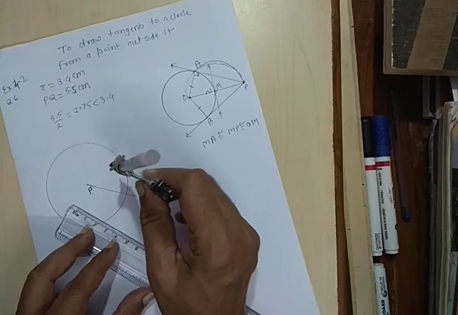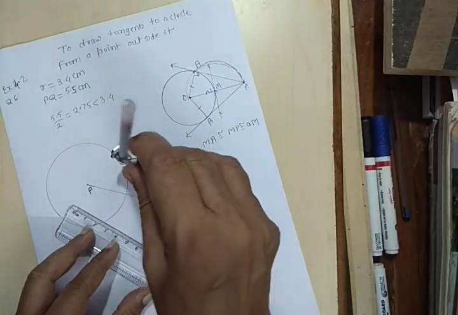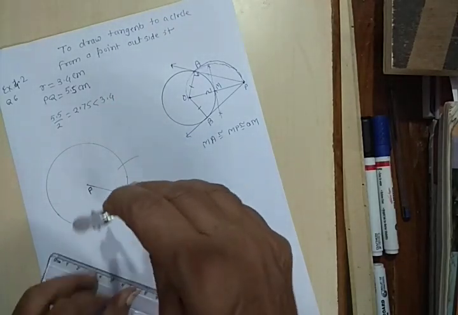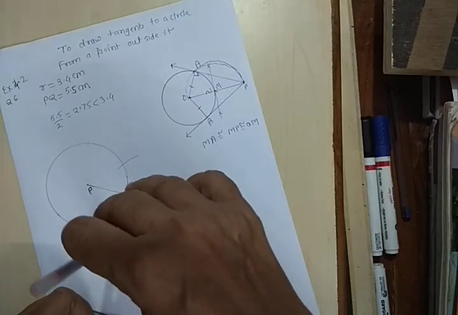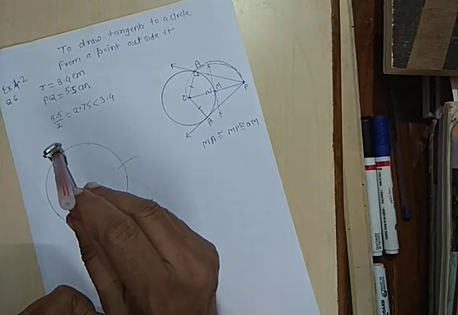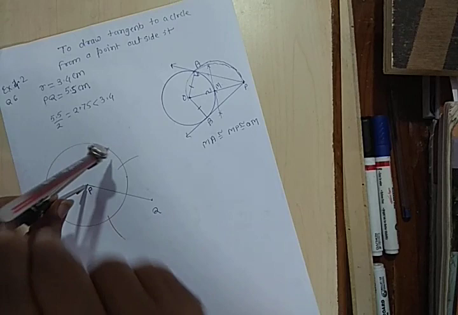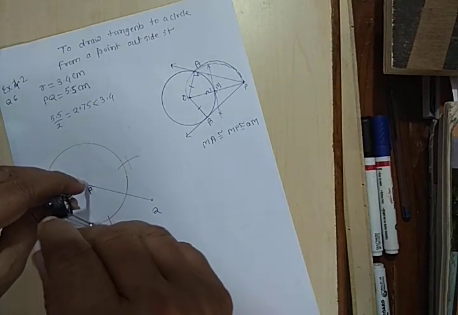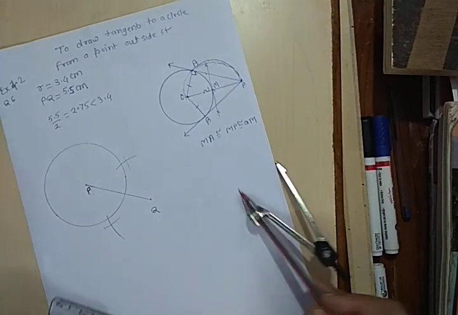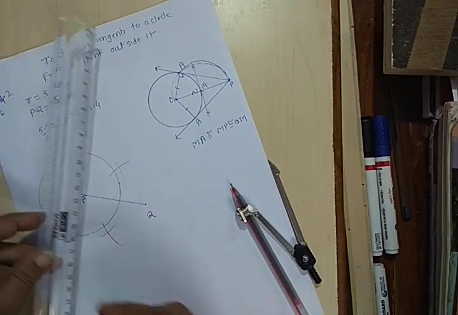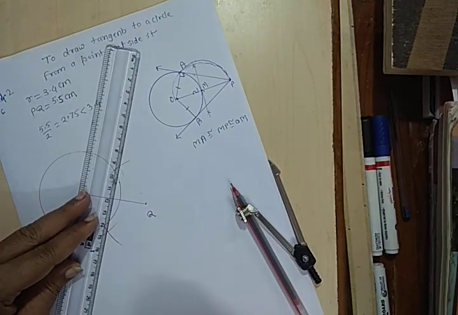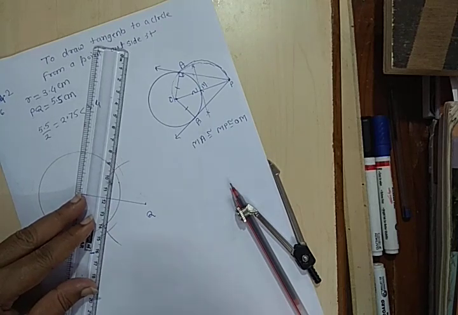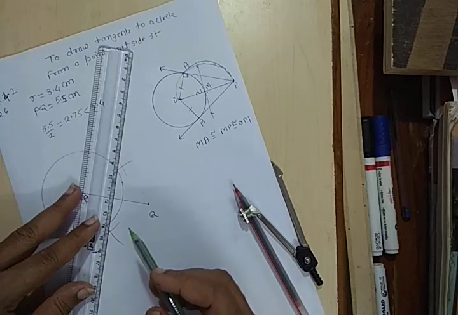Now put your pointer on Q and mark two arcs on upward side and downward side. Again put your pointer on Q and cut the previous arcs on both sides. Now join the arcs. Which point have we got?